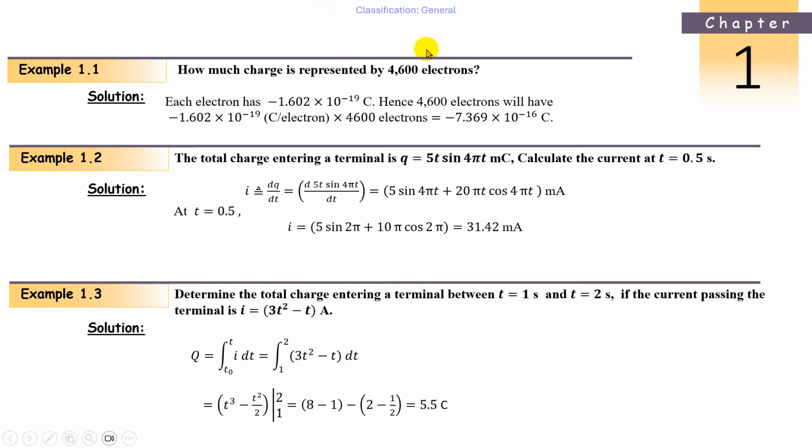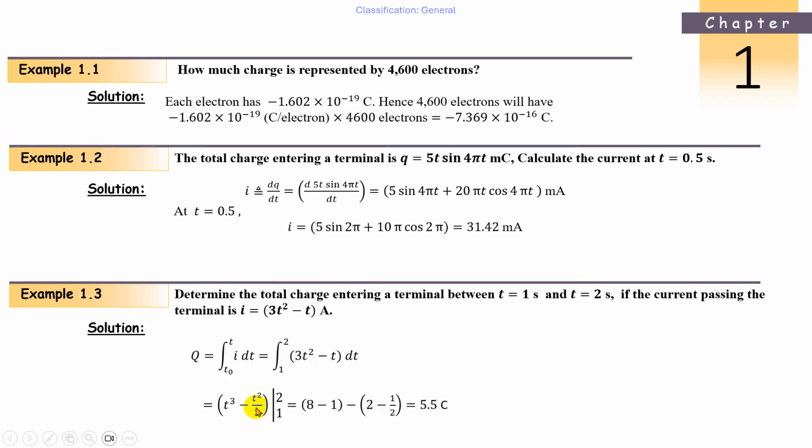But integration is reverse. T square becomes t cube by 3, so the 3 will cancel and t cube will be there. Now t integration is t power 2 by 2.